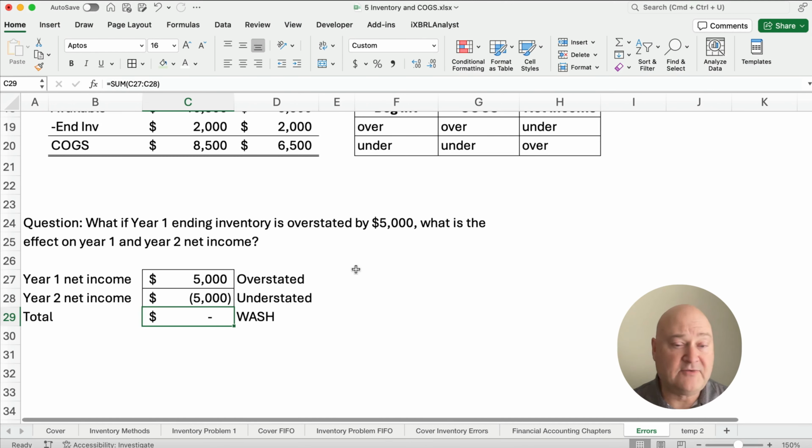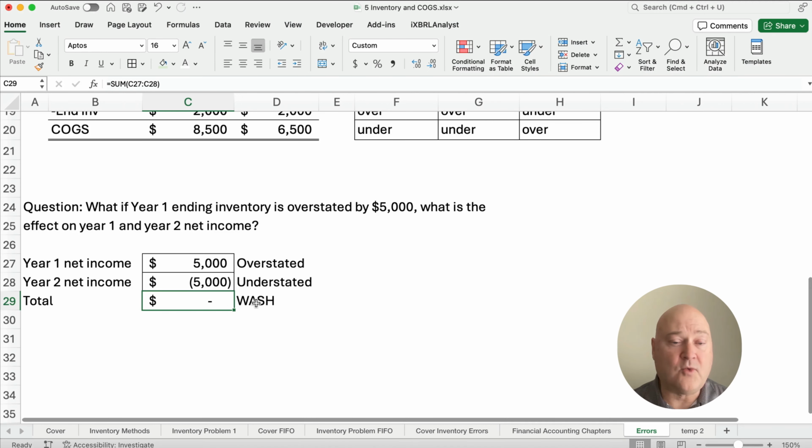So we have an overstated net income by $5,000 in year one, an understated net income in year two, and we call this a wash because the inventory error flows through. It's $5,000 overstated in year one, $5,000 understated in year two. So that inventory error would wash.